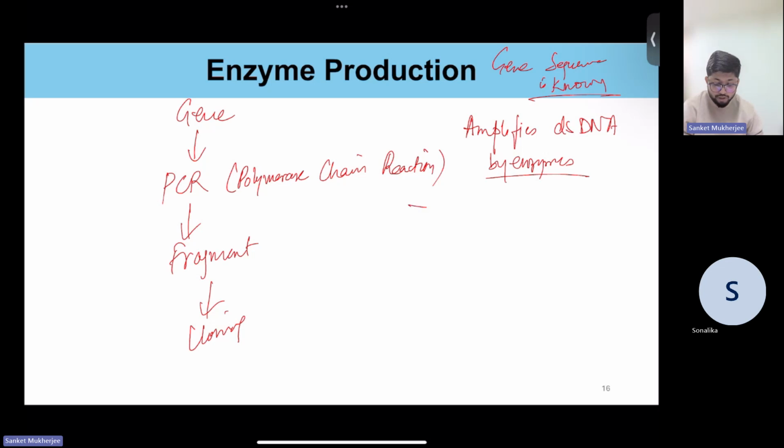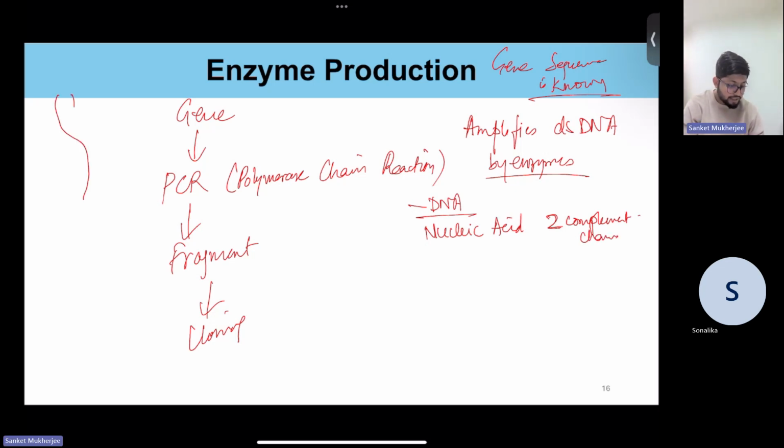If you're not sure, DNA is a nucleic acid which has two complementary chains. If you look at the structure of a DNA, this is how it looks. It's a double helical structure. One strand is 5' to 3', and the other strand is 3' to 5', right?